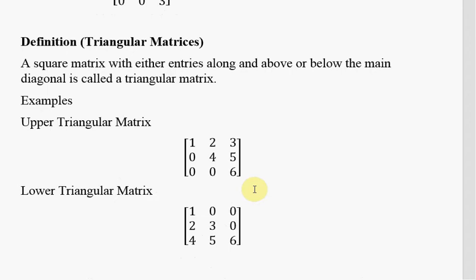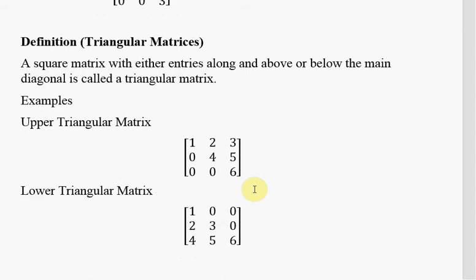The other form is the lower triangular matrix, where you have entries along the main diagonal, entries below the main diagonal, and then zeros above the main diagonal.